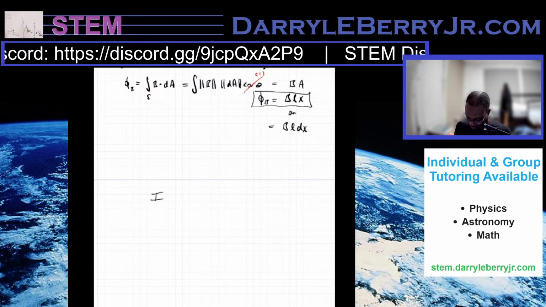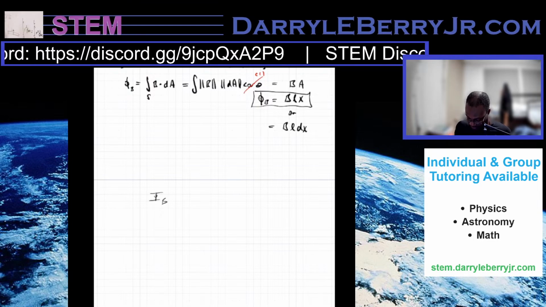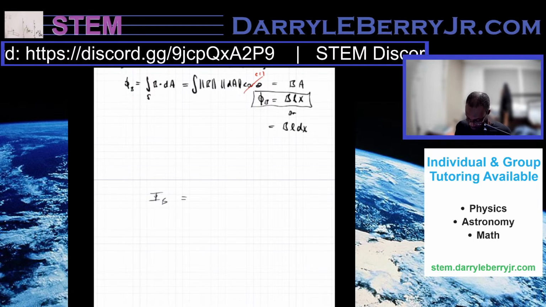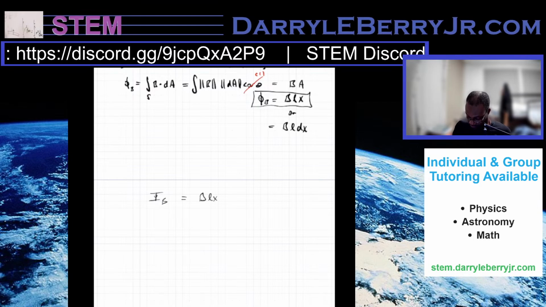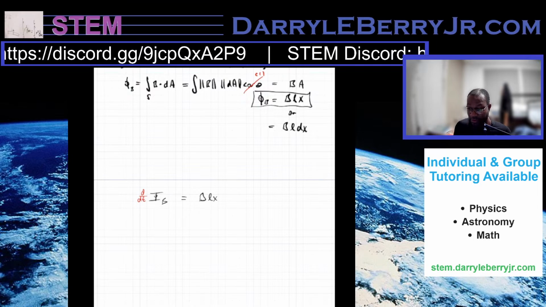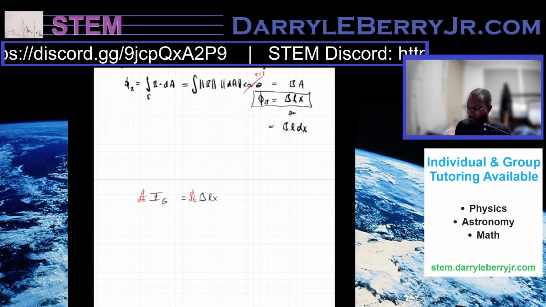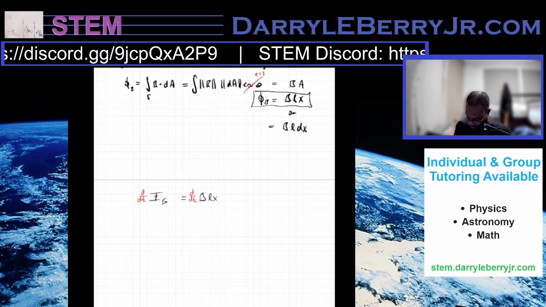So we have magnetic flux equals BLX. I'm going to take a derivative with respect to time of both sides.